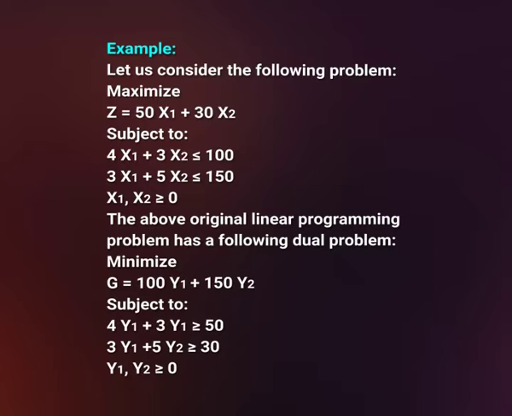The above original linear programming problem has the following dual problem. Minimize g equals 100 y1 plus 150 y2 subject to 4 y1 plus 3 y2 greater than or equal to 50, 3 y1 plus 5 y2 greater than or equal to 30, y1, y2 greater than or equal to 0.